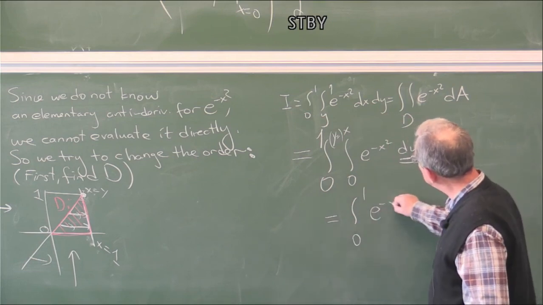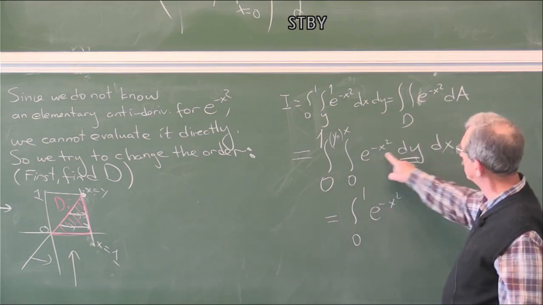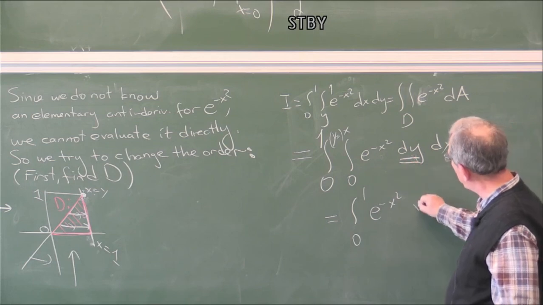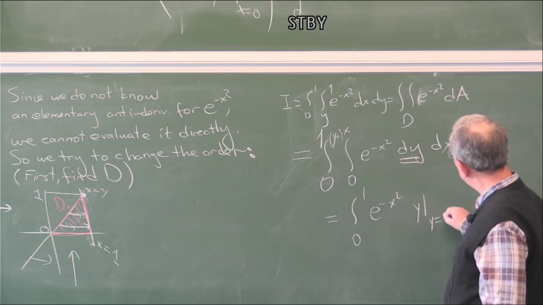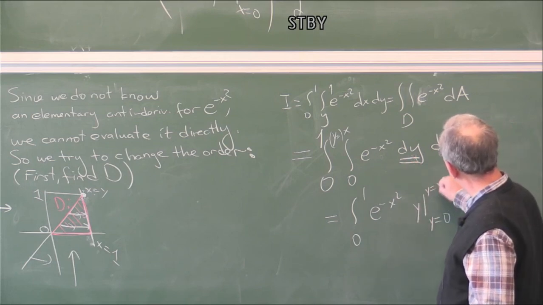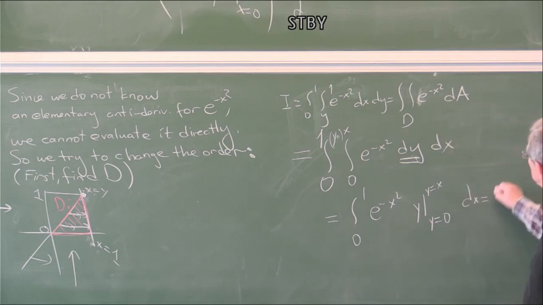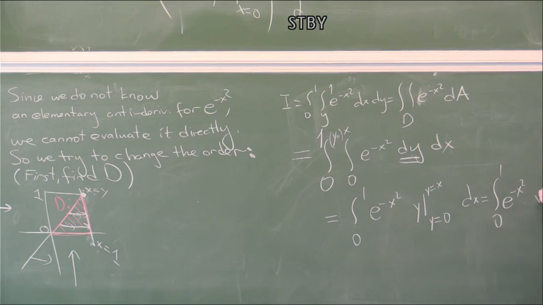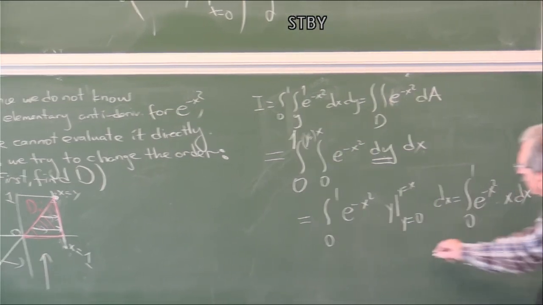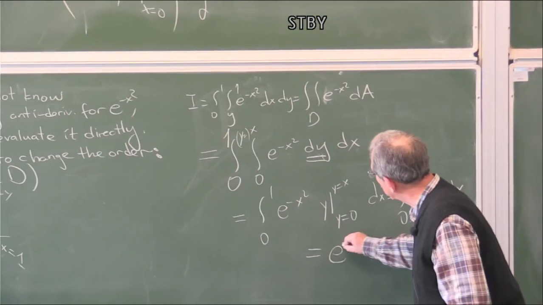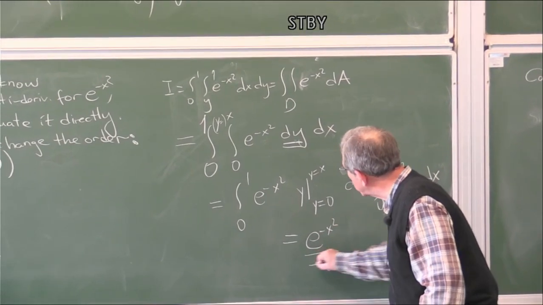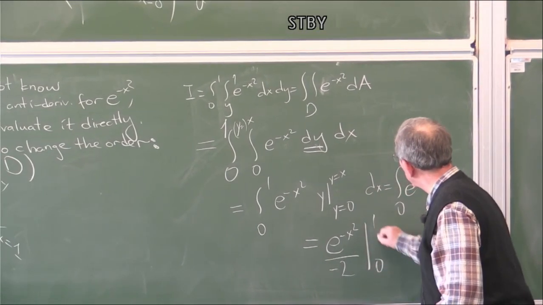e to the minus x squared is a constant, integrating with respect to y, 0 to y equals x, dx. So it is 0 to 1, e to the minus x squared x dx, which is trivially e to the minus x squared over minus 2 from 0 to 1.